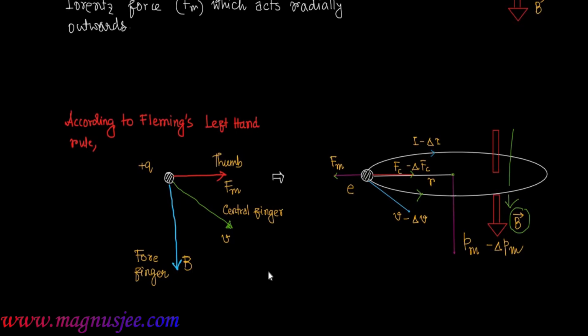And in this case, as the positively charged particle plus q experiences magnetic Lorentz force towards the right, this electron experiences a magnetic Lorentz force Fm towards the left.